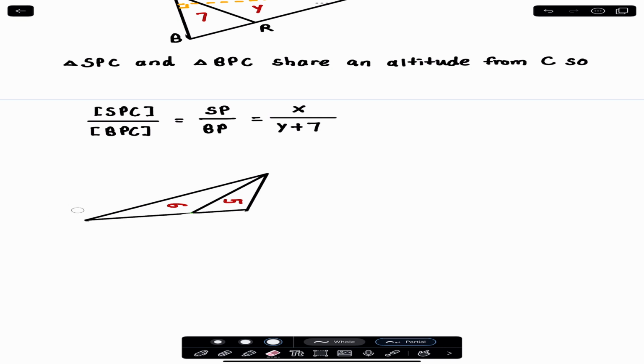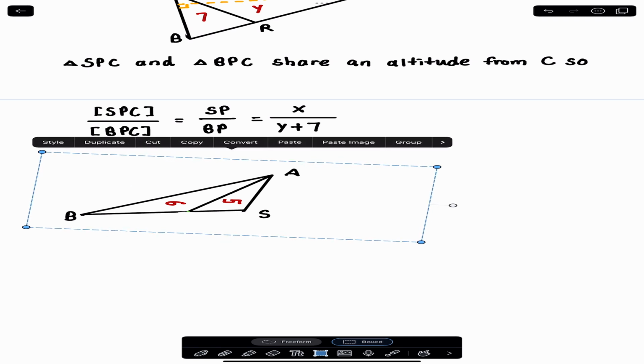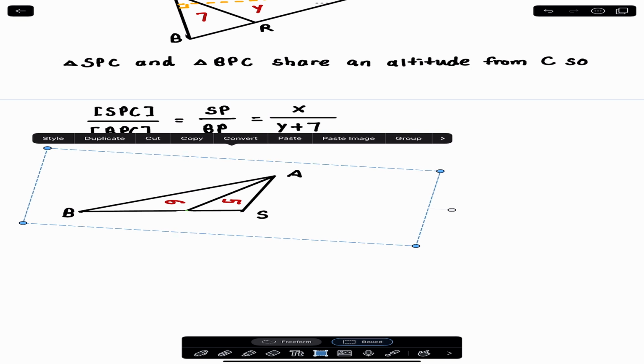Fix these letters as well. My bad, that's not tilted as straight as it could be. There we go, maybe something like this.